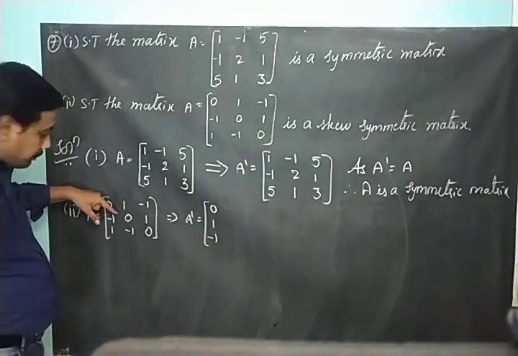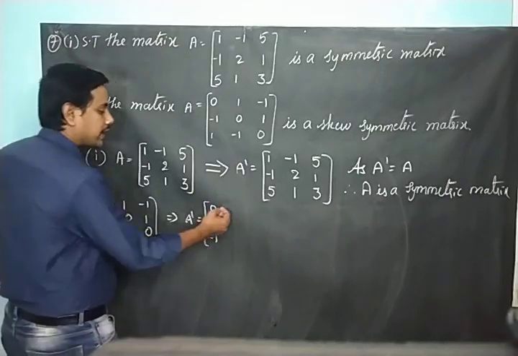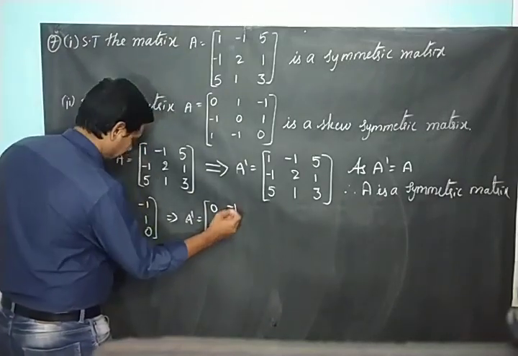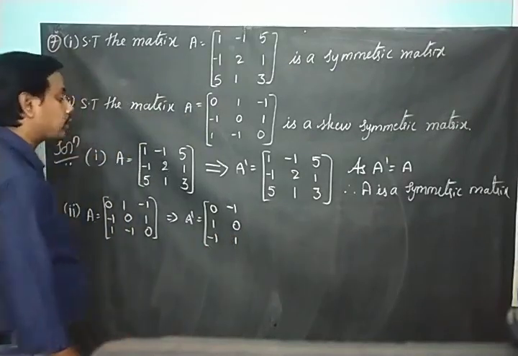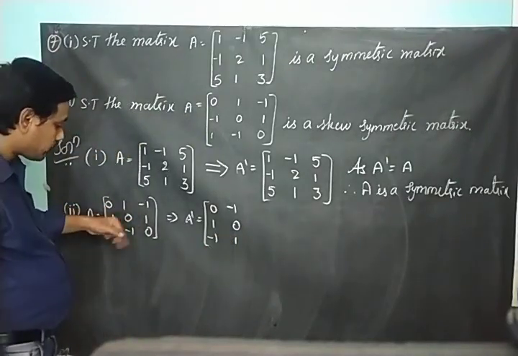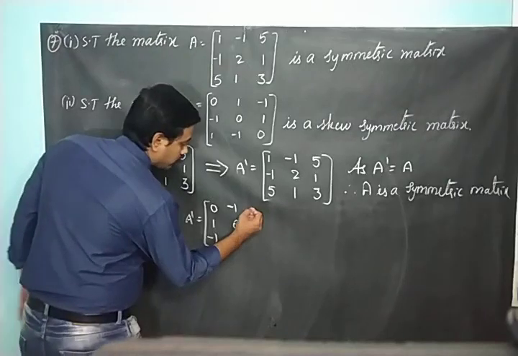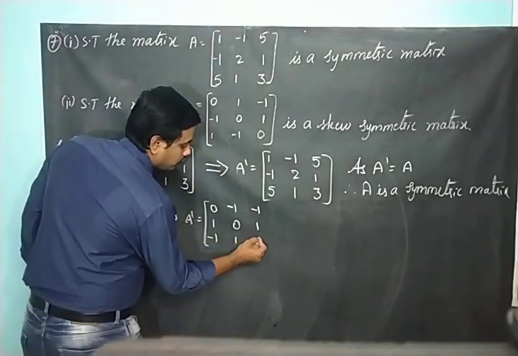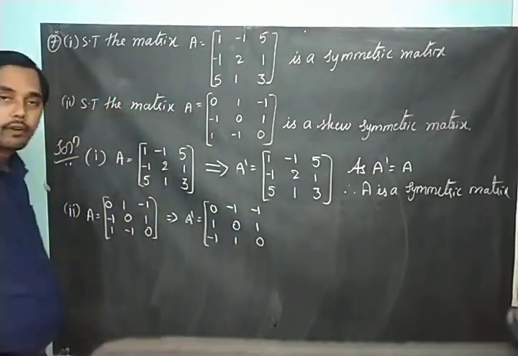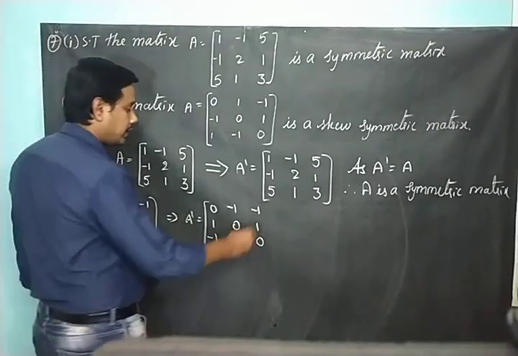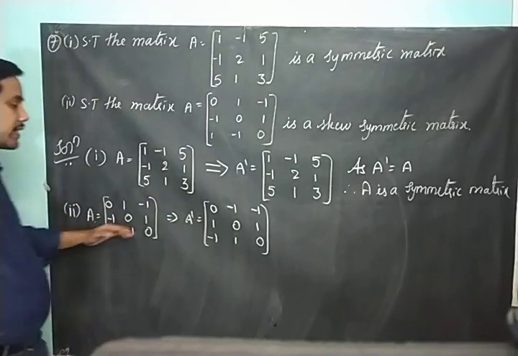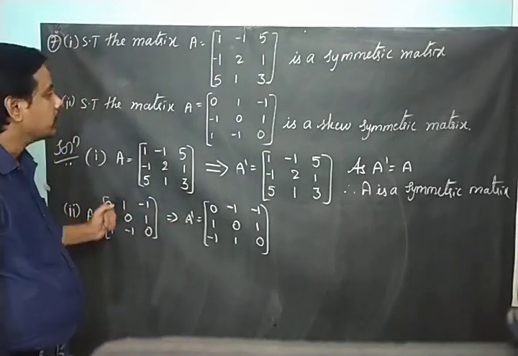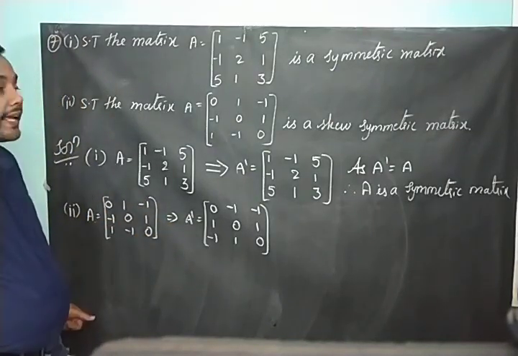In the second row we have minus 1, 0, 1, so let us write it as the second column: minus 1, 0, 1. And in the third column we have minus 1, 1, 0. So this is A, and this is A dash. Right. So from A we got the value of A dash.